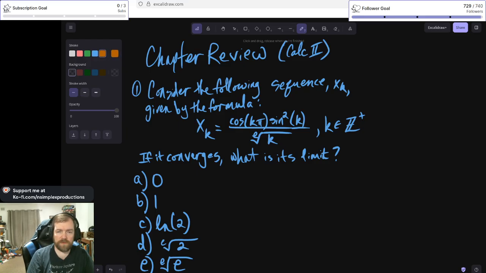All right, so for this formula, we have a particular formula listed here, and then we want to find out what's going to happen if we take the limit as k goes to infinity. So if the sequence converges, okay, so this is not even the sum either. This is just the sequence.